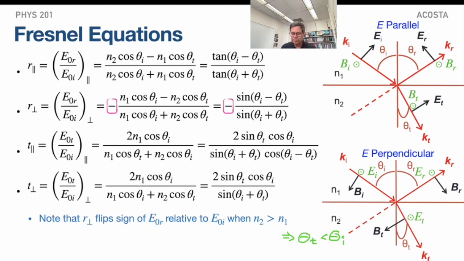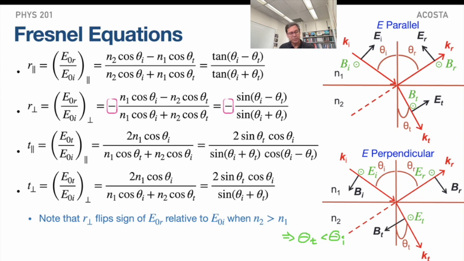Right? If I go from a lower index of refraction, say in the upper side of the boundary, to a higher index of refraction, the light wave will refract toward that perpendicular. So this theta_t will be smaller than theta_i. If theta_t is smaller than theta_i, then sine of that difference is a positive number. Sine of the sum is also going to be a positive number, so I have a negative out front.